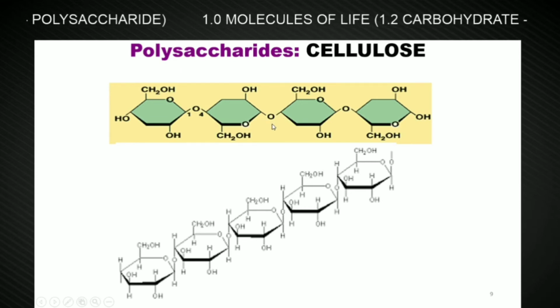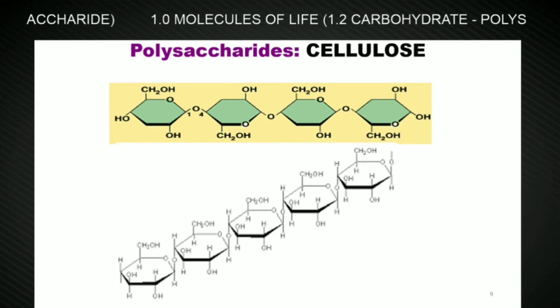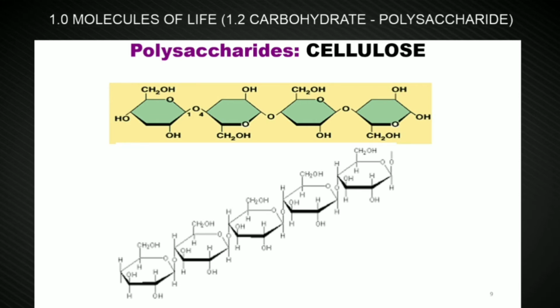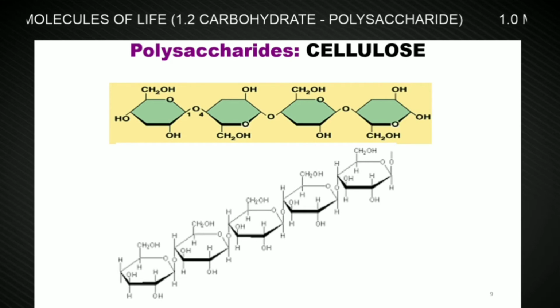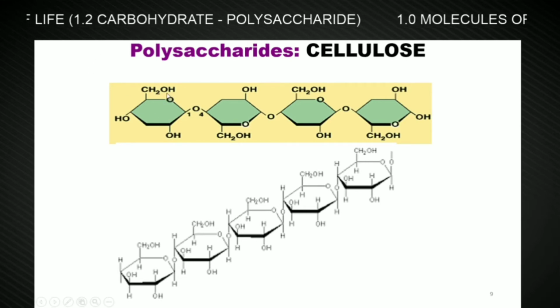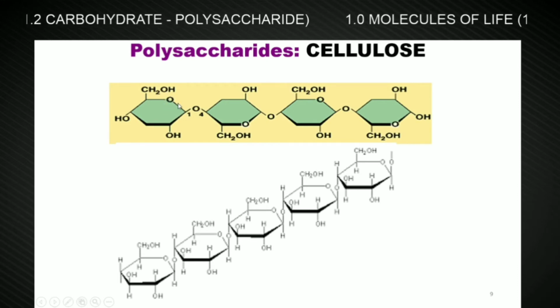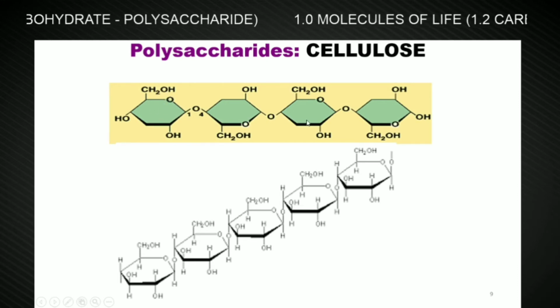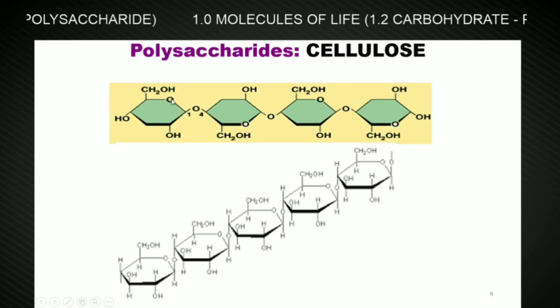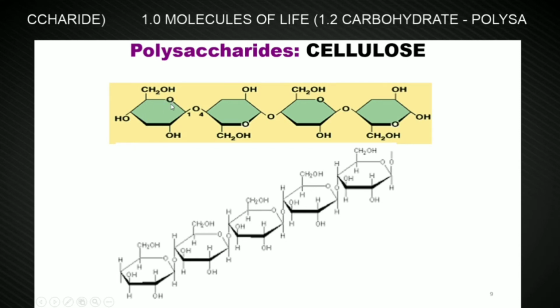So for sure, you have two choices of answer. The first one is amylose. Second one is cellulose, because both are unbranched. But look at the position of oxygen in the ring. In this structure or in this diagram, the oxygen in the ring is flip-flop.